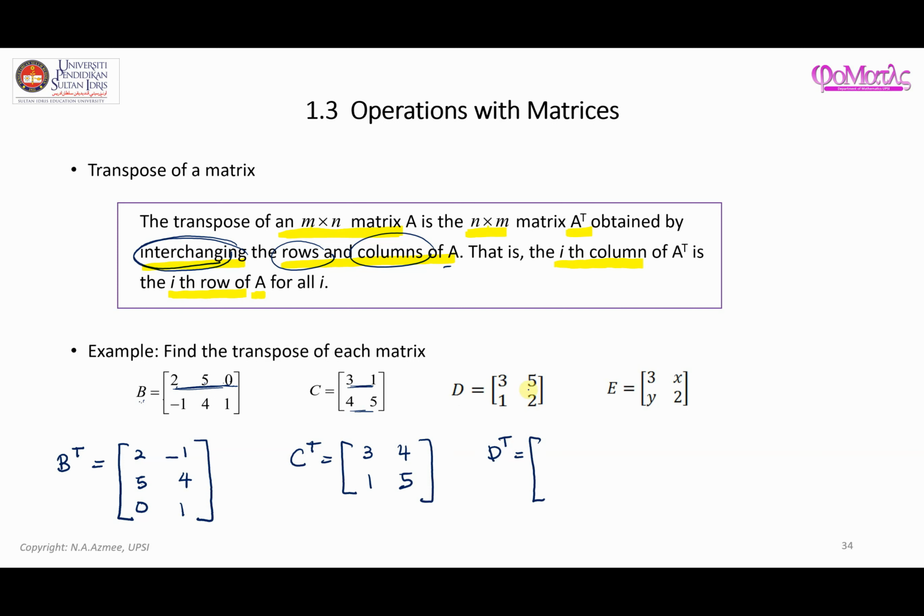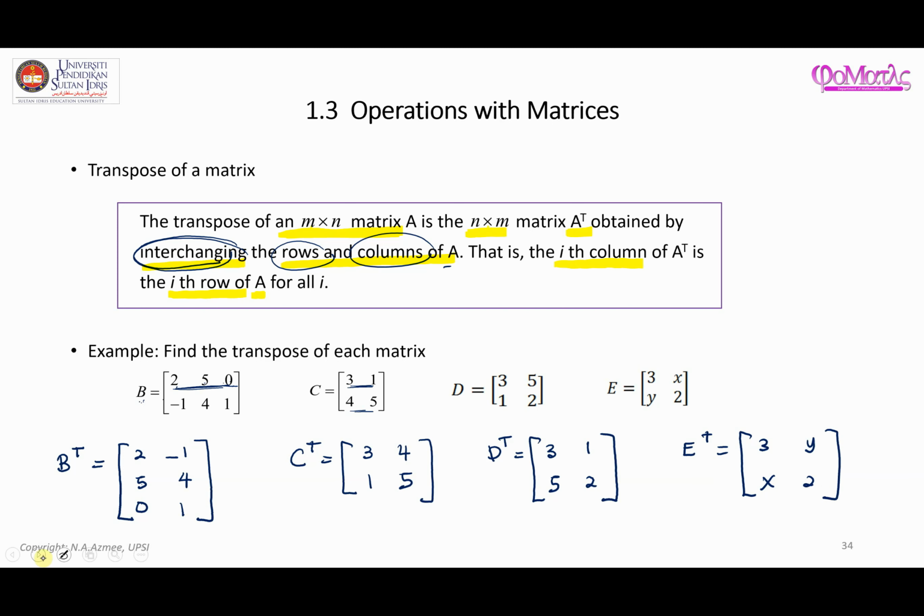Again, the first row is going to be the first column, the second row is the second column. So we're done with that. Okay, next, E transpose. First row, 3x. Second row is y and 2. And that's it. Pretty easy, right?